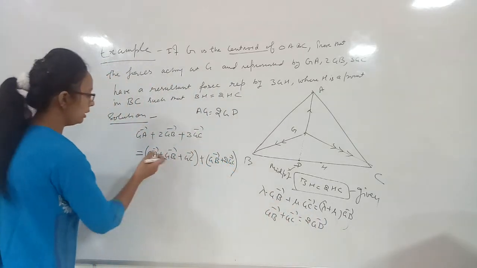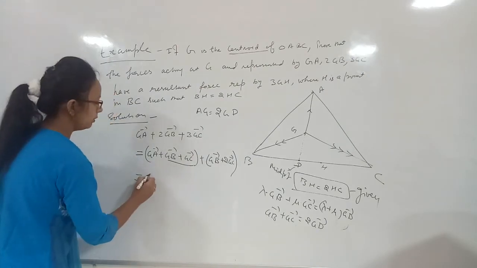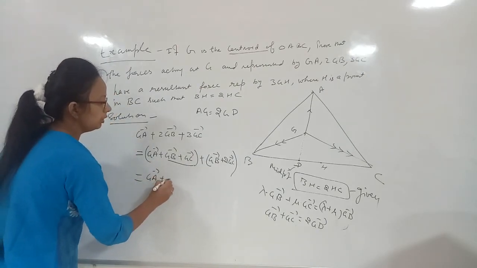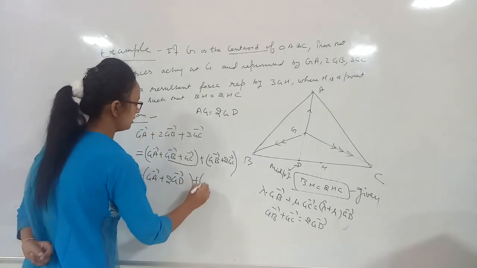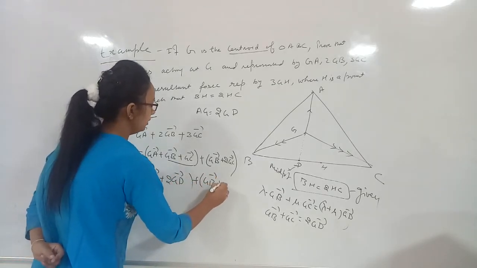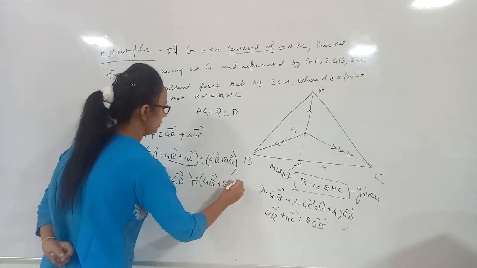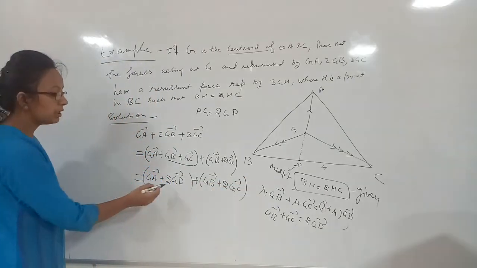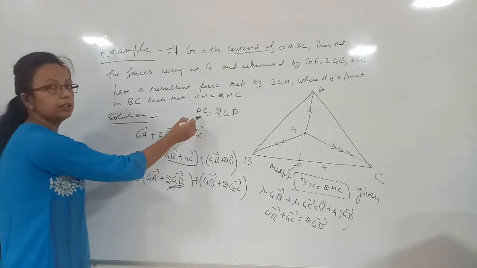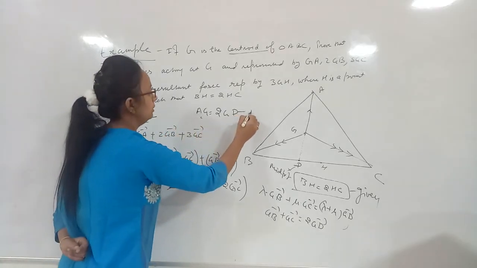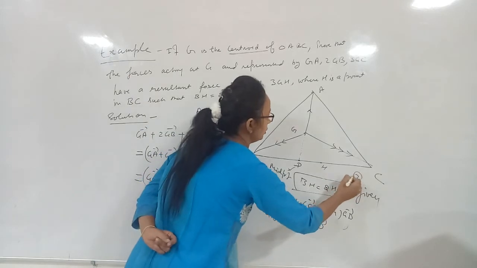So we'll put this value here: 2 times GD plus GB plus 2 times GC. Now what is 2 times GD? See this result of centroid, say equation number 1, and say this is equation number 2.